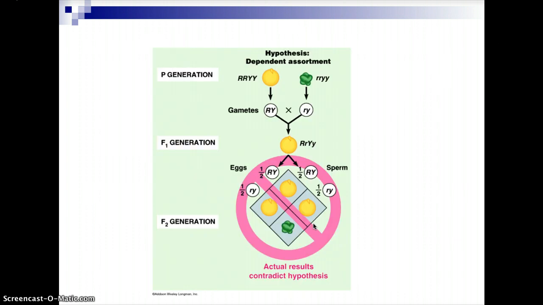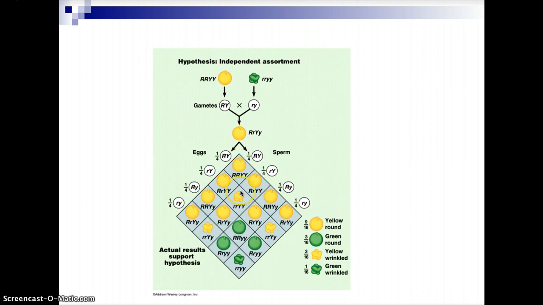So here is the hypothesis of dependent assortment, and you can see it illustrated here that during gamete formation the dominant alleles don't follow one another and the recessive alleles do not follow one another. The hypothesis of dependent assortment contradicts what really happens, where you need to account for all possible gamete allelic combinations.